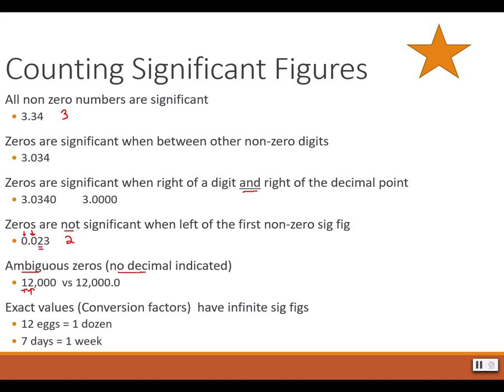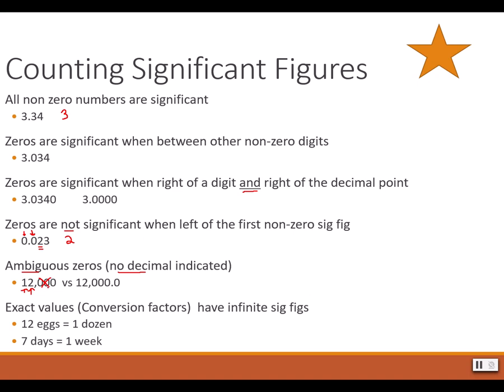So when you have a number that has no decimal with zeros like this, they are called ambiguous zeros, and they are not significant. So this first number, 12,000, only has a total of 2 significant figures. Doesn't mean we can just drop these 3 with respect to writing the number. That just means that those 3 zeros do not speak to the precision of the measurement.